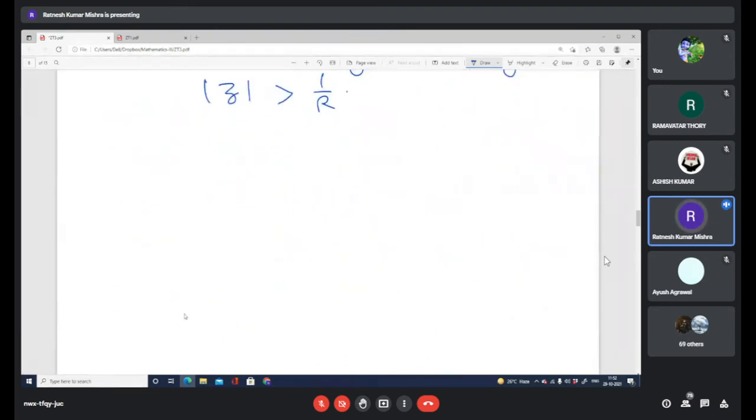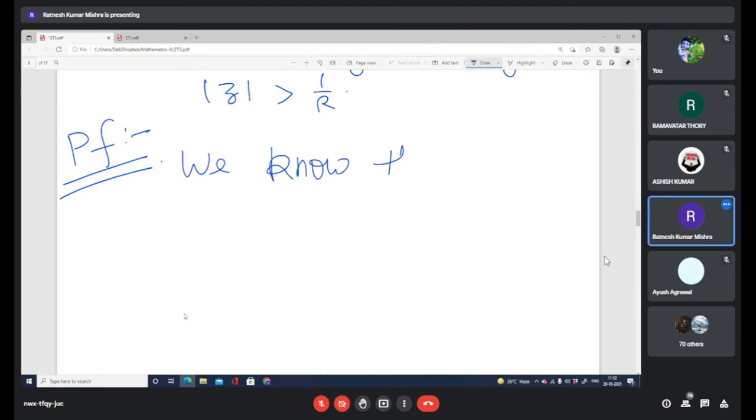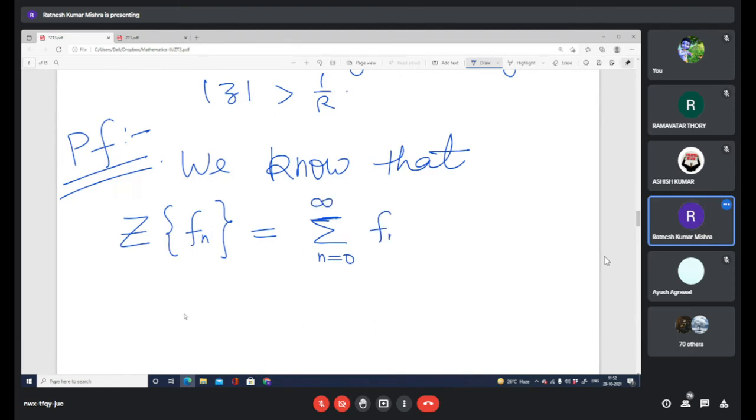Now we are going to prove this one. We know that the Z transform of Fn is the summation n equal to 0 to infinity of Fn z to the power minus n.